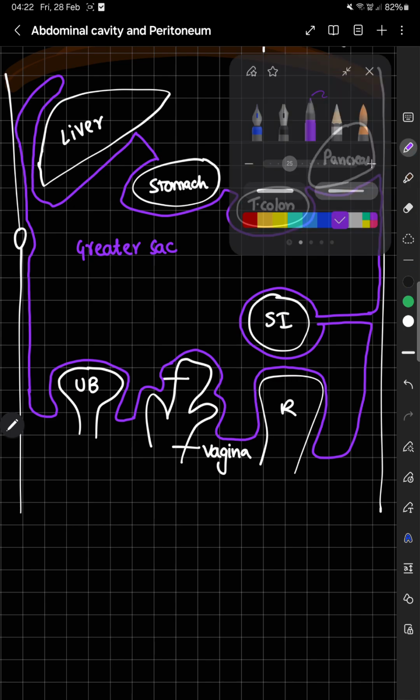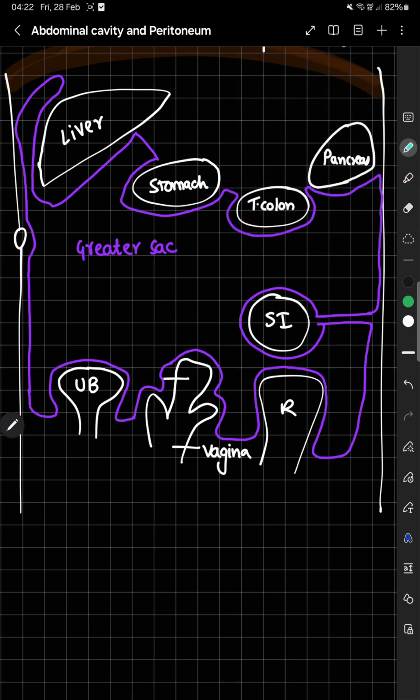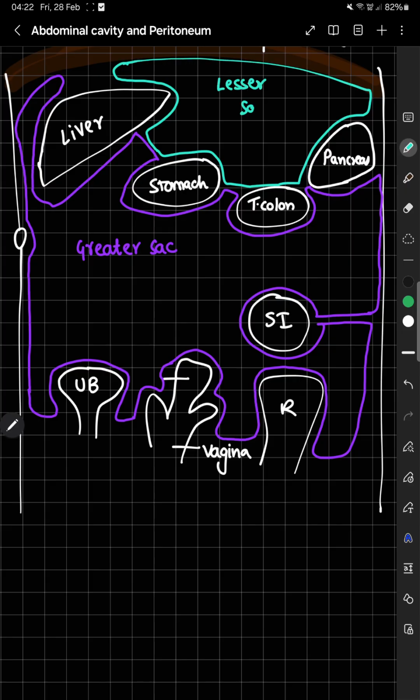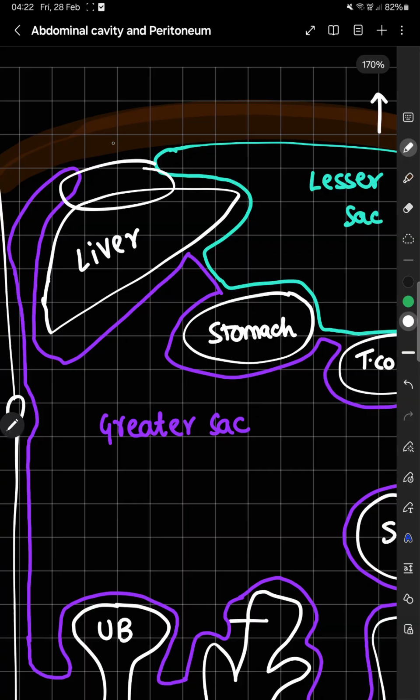Here, below the stomach, meaning in front of the stomach, it's all greater sac, and behind the stomach, whatever space is left will form our lesser sac. And apparently there's an area in the liver which is not covered by the peritoneum.